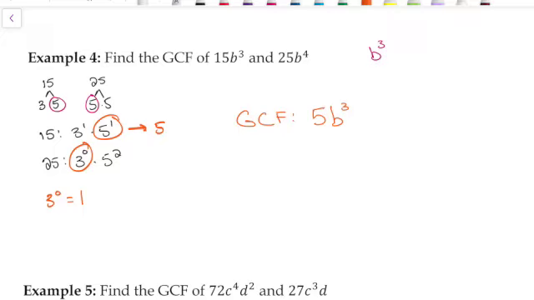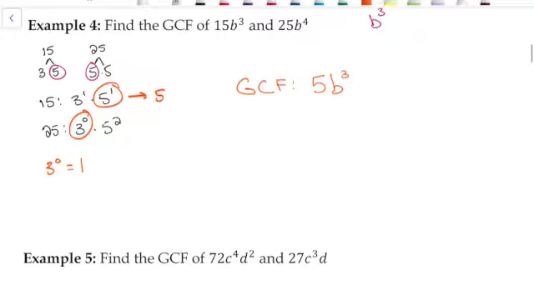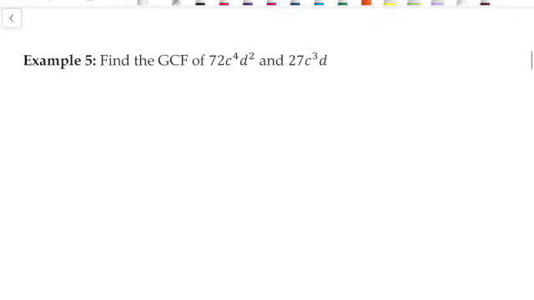All right. So moving on from there, let's try the next one. All right, so let's try these separately. So I'm going to write them down one at a time. So 72 we already did, and it was 2 cubed times 3 squared, and then we've got c to the fourth d squared.